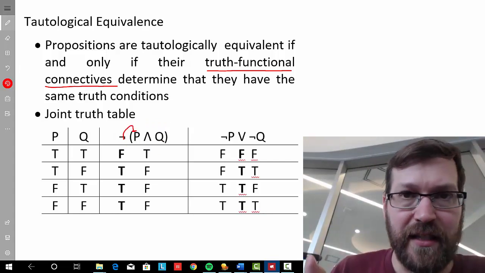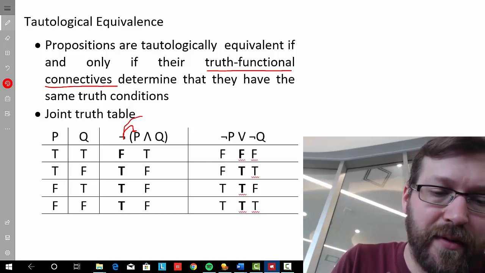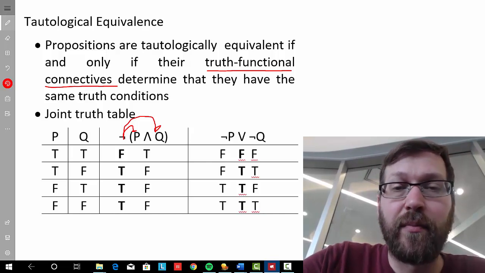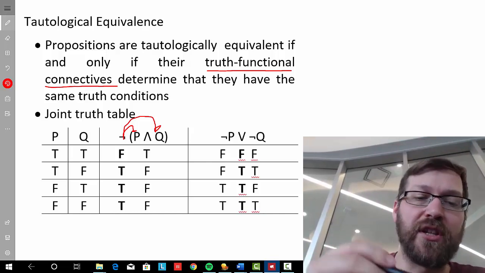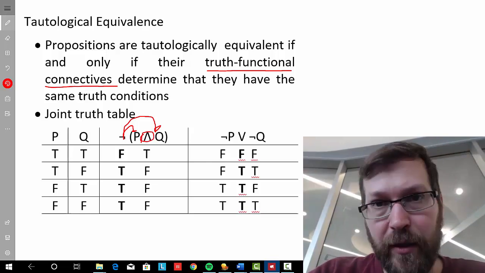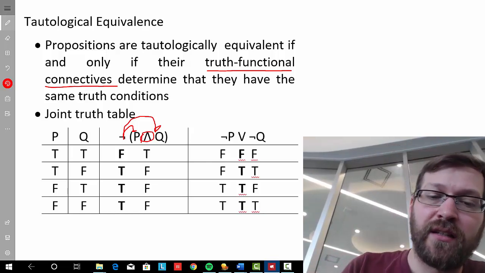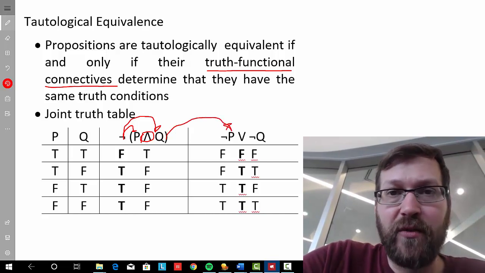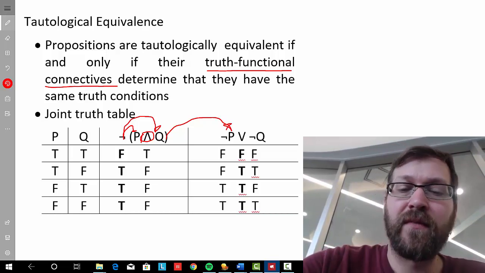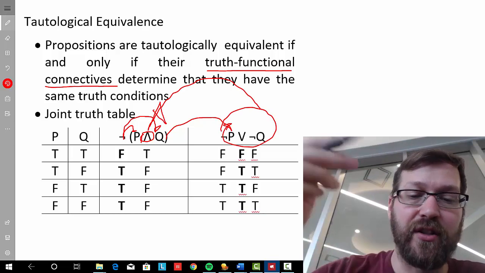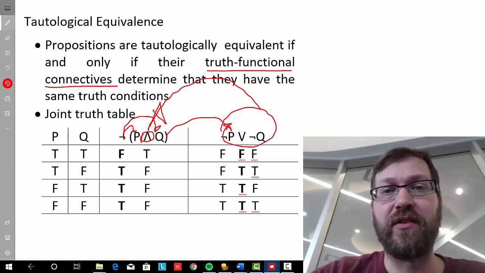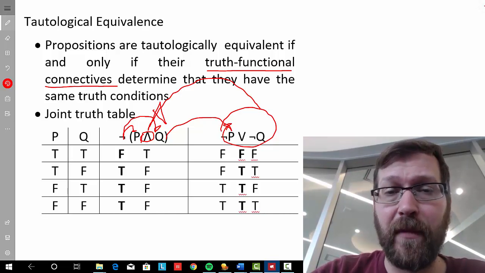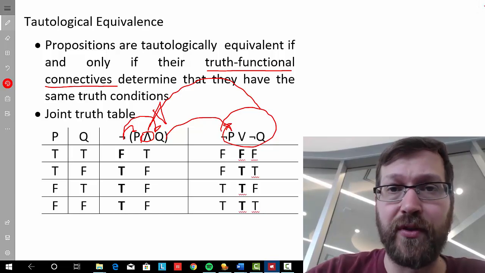If we think about, and this is technically incorrect, distributing this negation into the content of the parentheses, and we just make sure to flip the conjunction sign to a disjunction sign, that would output this sentence. And that's what De Morgan's law tells us that we can do. It also tells us we can go the other direction as well. But the point is, the reason why we can go in those directions is because it saves the truth value of whatever that sentence is. It's a truth-preserving move.